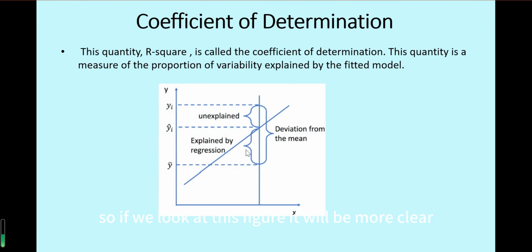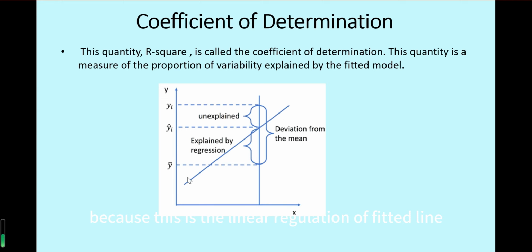If we look at this figure, it will be more clear. So this is the y bar. For the linear regression, all the y values have a mean value, y bar, right? And for this individual y, yi is an observation here. Then y hat is this point because this is the fitted line of the linear regression.